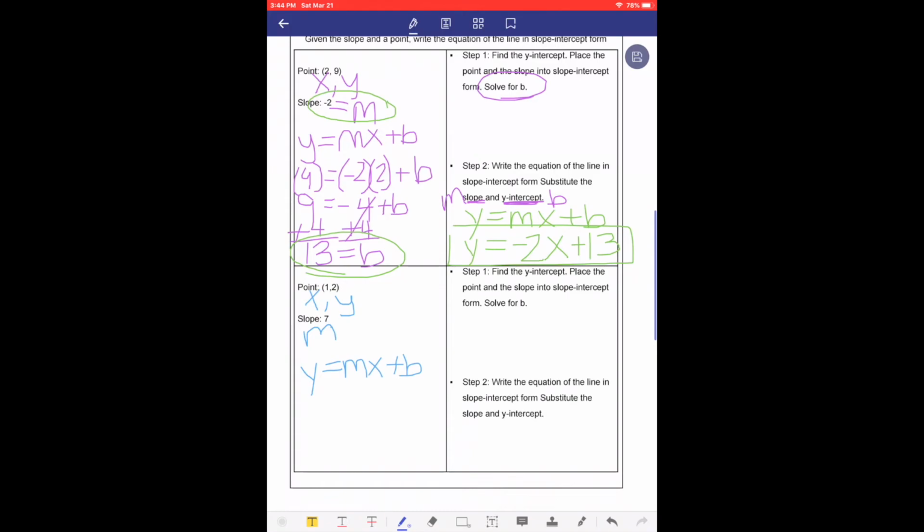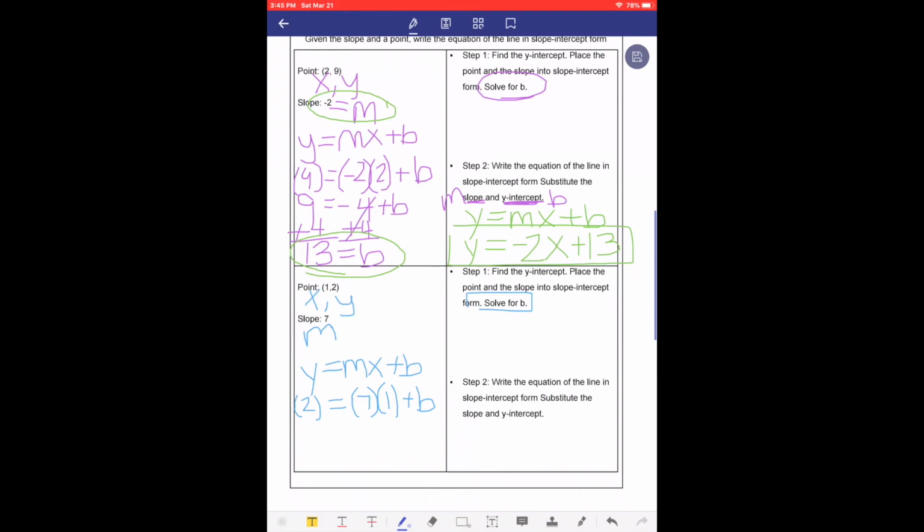And we're going to plug in everything except for b because we are solving for b. So the y was 2, I'm going to bring down a 2, equals the m was 7, so I'm bringing down a 7. X, I'm replacing that x with the number 1, and bringing down that plus b.